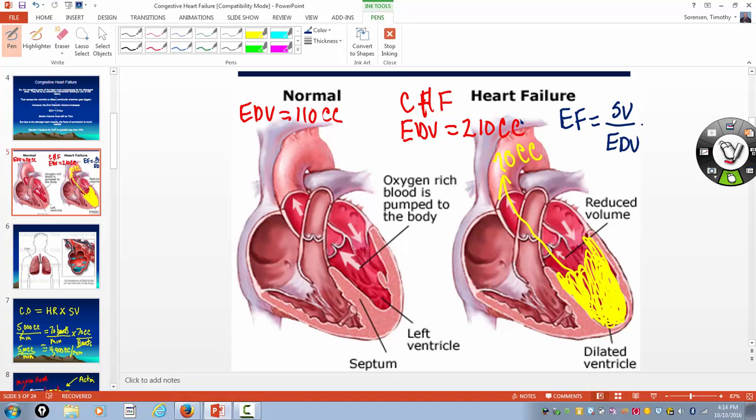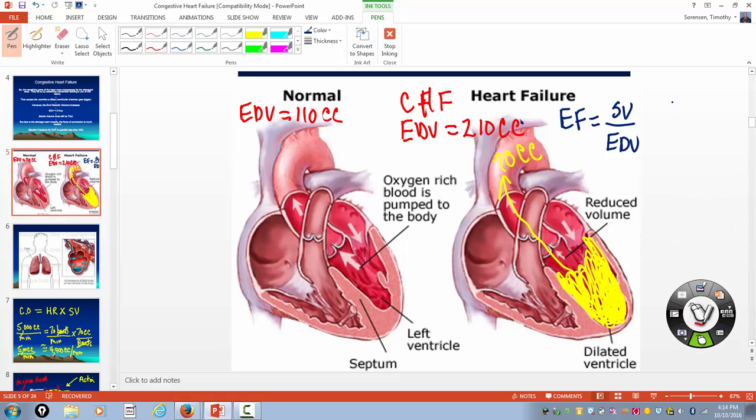How much blood was in that damaged left ventricle before it contracted? 210 cc's. So their ejection fraction now has dropped to about 33%. So this person has severe congestive heart failure.